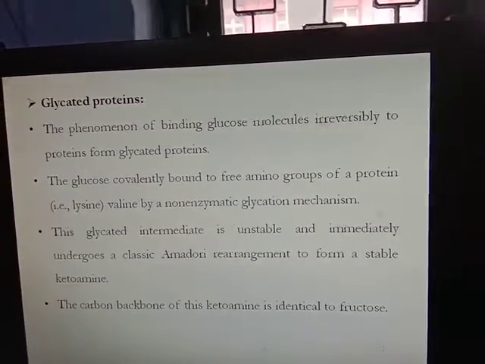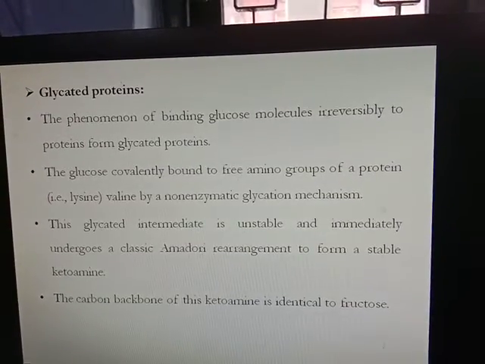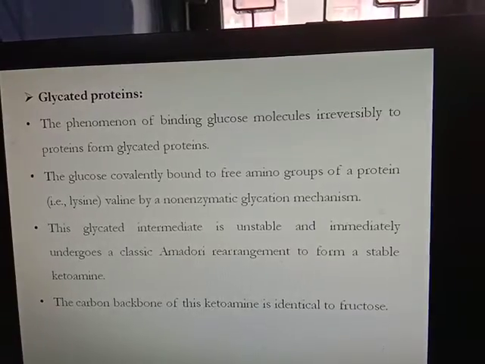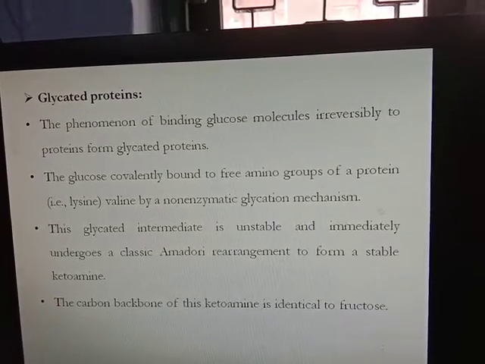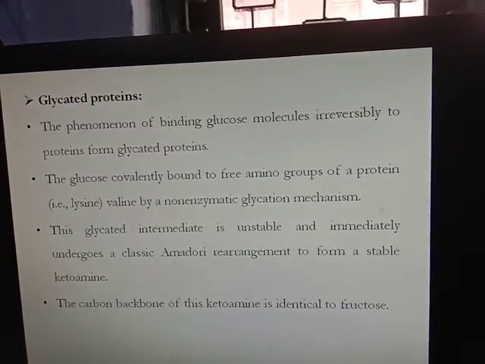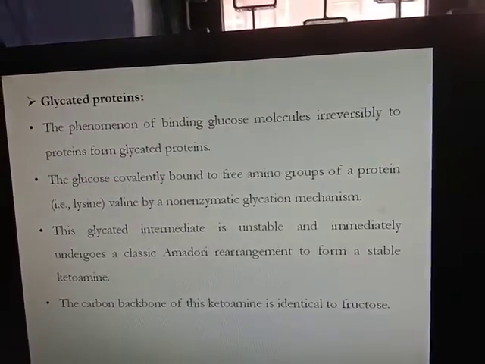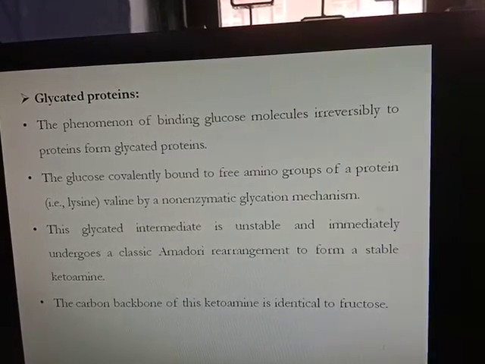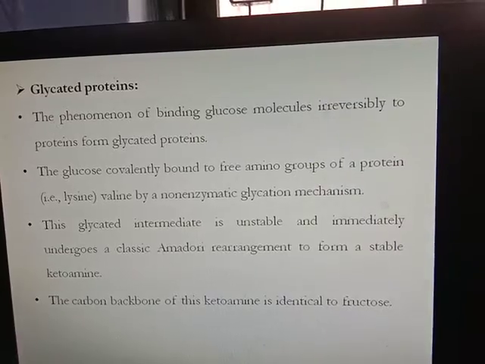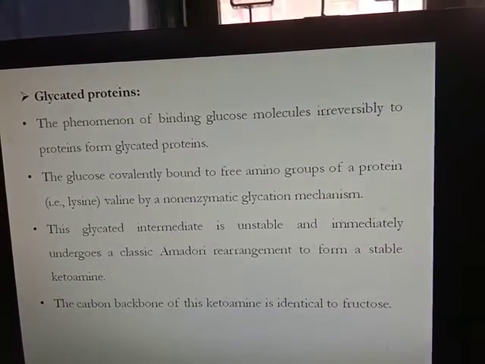We know that glucose is an aldose sugar, but when it binds to the amino acid of a protein, this intermediate is unstable and the aldose sugar is converted into a ketose sugar. This reaction takes place by the classic Amadori rearrangement to form a stable ketoamine.